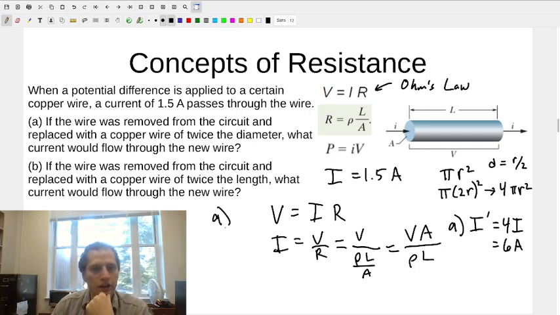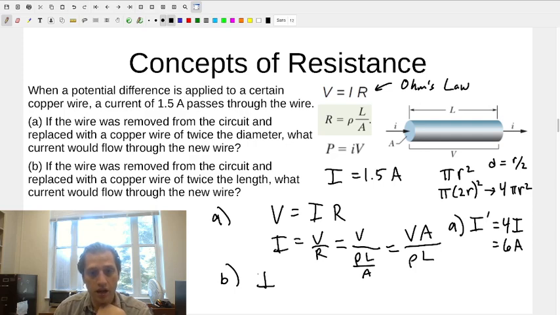On the other hand, for part B, they ask if the wire was removed from the circuit and replaced with a copper wire of twice the length, what current would flow through the new wire? Well, 2 times the length would lead to half of the original current, because this is replaced with a 2L, so this whole thing goes down by a factor of 2.